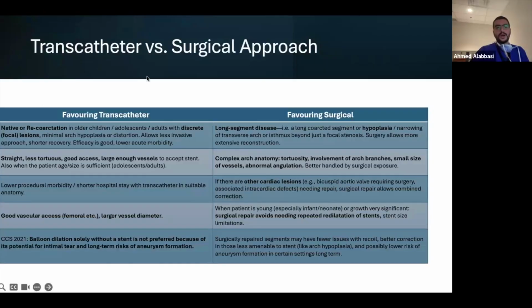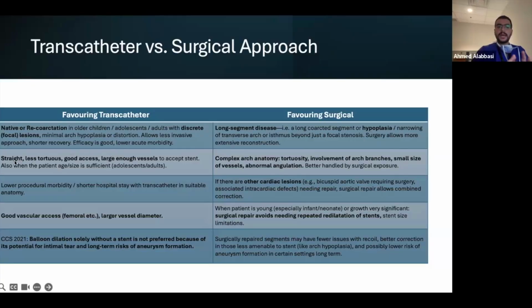With regards to what factors would favor transcatheter versus surgical approach: if you have a discrete focal lesion with minimal arch hypoplasia, this would favor transcatheter. Long segment disease with associated aortic arch hypoplasia would favor surgical approach.